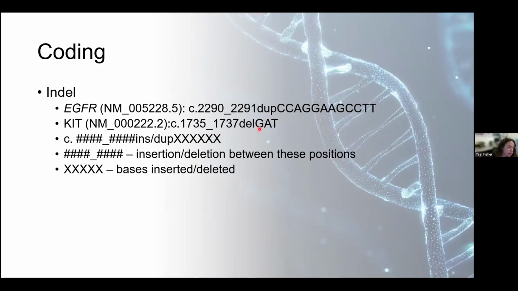The G would be in position 1735, A in 36, and T in 37. And of course, we list the base pairs that were deleted after. In some cases, you will not see the base pairs, you'll see only the numbers in cases of deletion. Of course, when there's an insertion, the letters should be present there so we can know what was inserted.